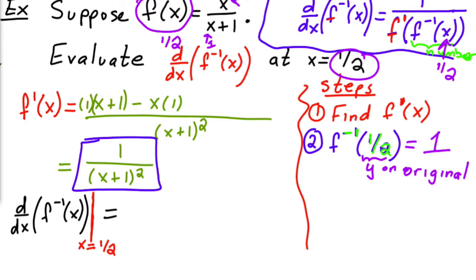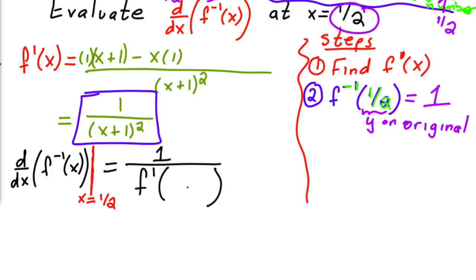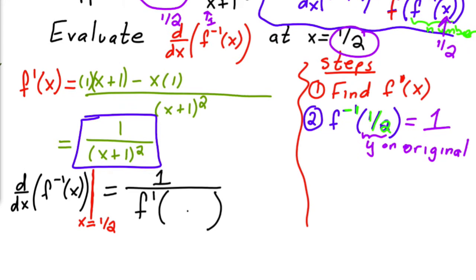Okay, this is equal to, if I just grab it from the formula, 1 over f prime at, and in here is the number that I got from this, which was, remember, 1.